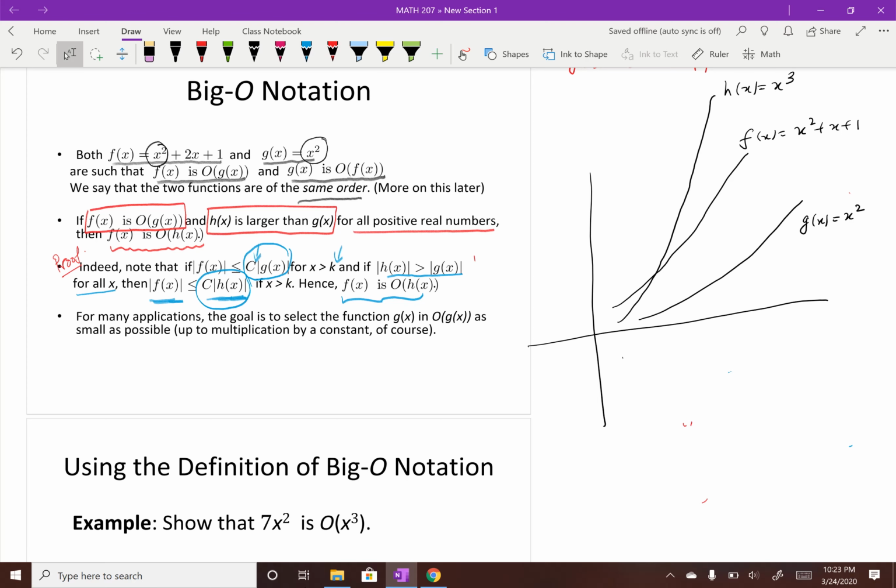Okay, so one example of this problem, you can see it here. Let's suppose you have g of x as x square, and f of x is this curve, x square plus x plus 1, and right now you can claim that f of x is big O of g of x. Okay, because c times g of x could be, let's suppose, somewhere here.